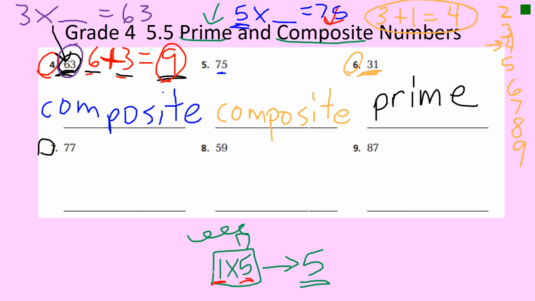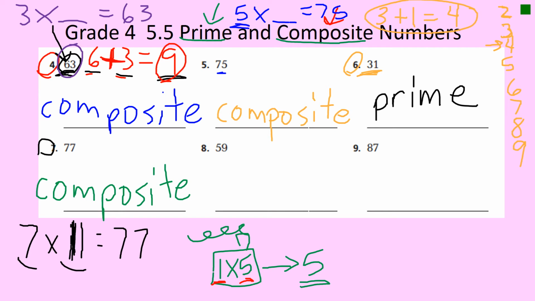That's like some of the best times tables ever. 2 times 11 is 22, right? 5 times 11 is 55. Guess what 7 times 11 is? 77. So that means that 7 and 11 are factors of 77, which makes 77 what kind of number, boys and girls? Prime or composite? Composite.